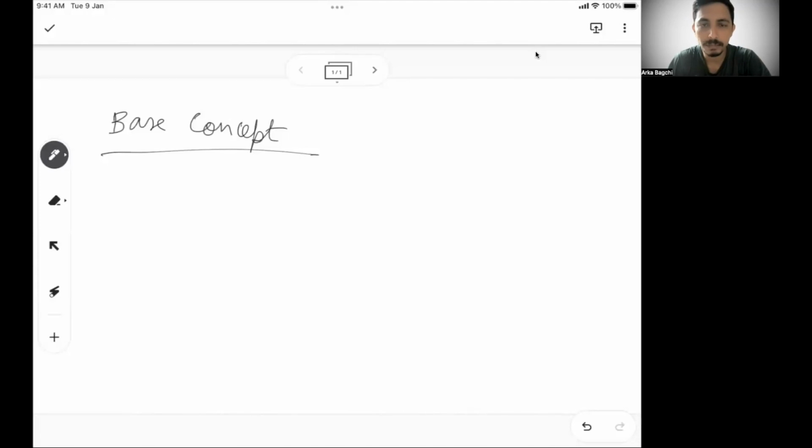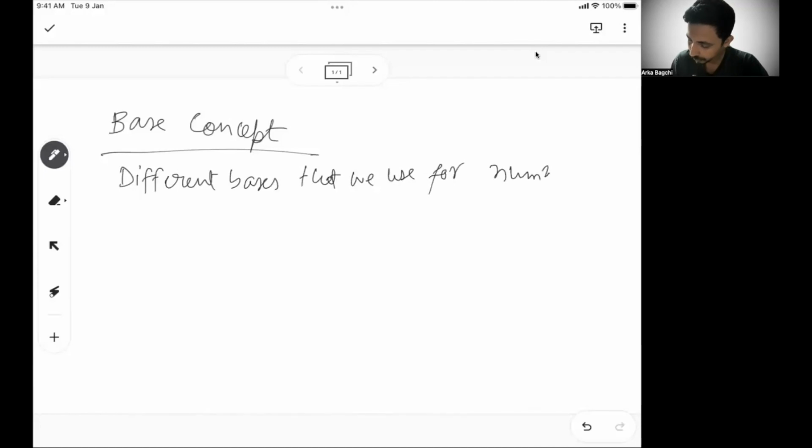So what is base concept? Base concept basically talks about the different bases that we use for numbers. So what do you mean by bases? By base I mean the numbers that a particular system has.